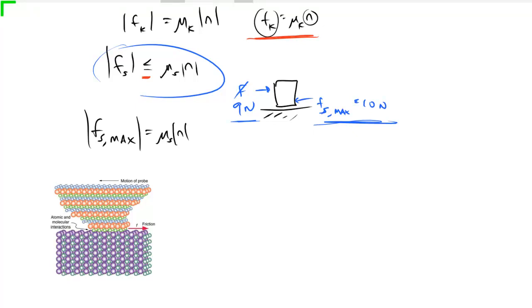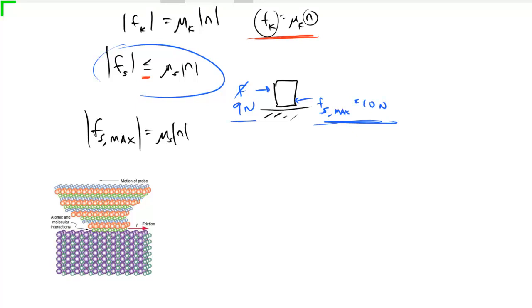As soon as we apply a force greater than the magnitude of the static friction force in the direction opposite the friction, it will overcome the friction force and start moving. And once it starts moving, we change our frictional force to be the kinetic friction force.